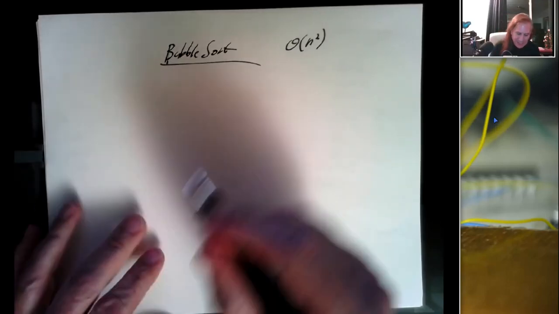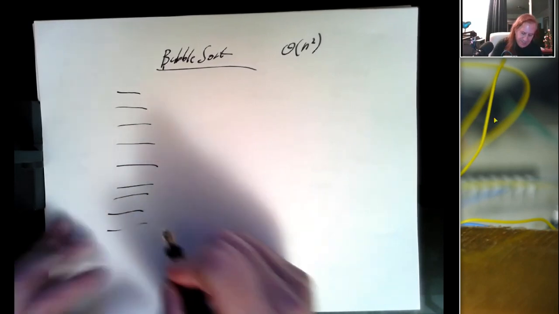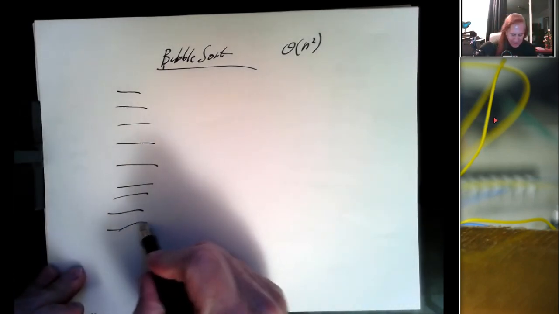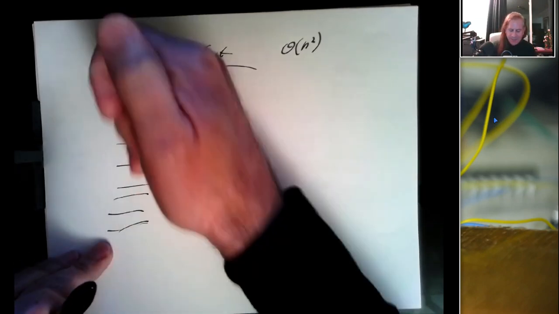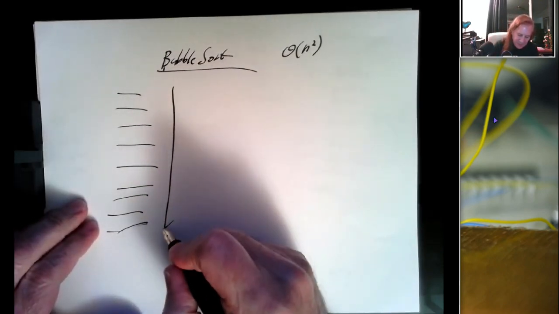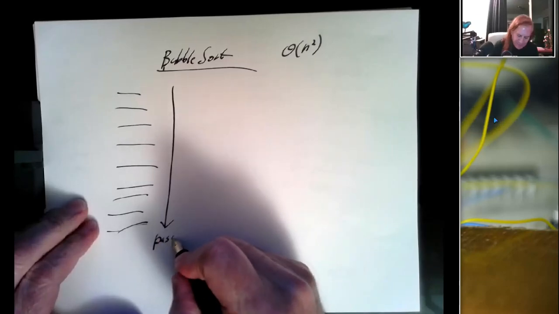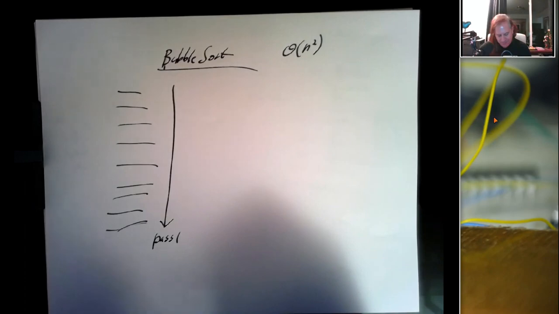And the idea is basically, imagine a bunch of numbers, perhaps floating, and heavier numbers should be on the bottom, lighter numbers or smaller numbers should be on the top. And so we begin by making one pass through our data, and the goal of this first pass is to find the largest number and bring it to the bottom of the list.